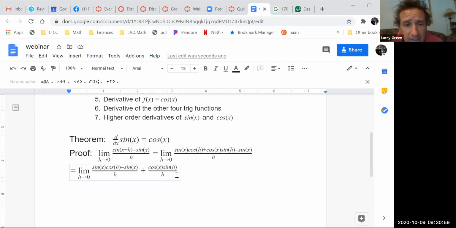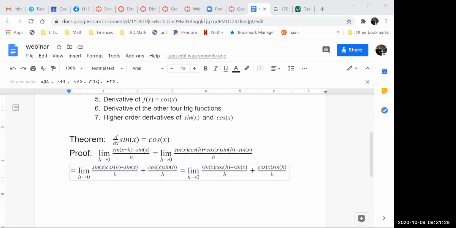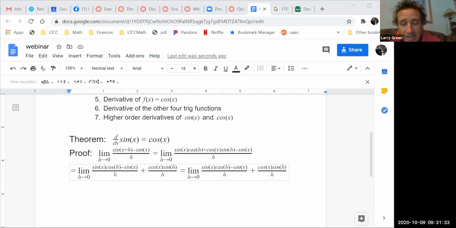Okay, now what I can do is take what I've got over here and look at the numerator, the very first numerator. What could I do algebraically? Yeah, we can factor out sine of x.